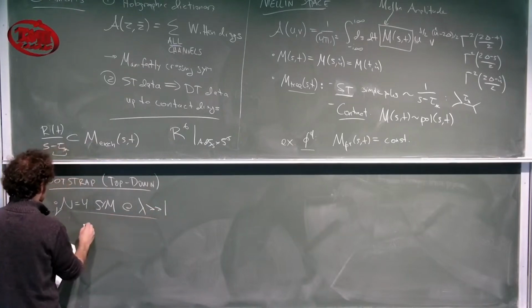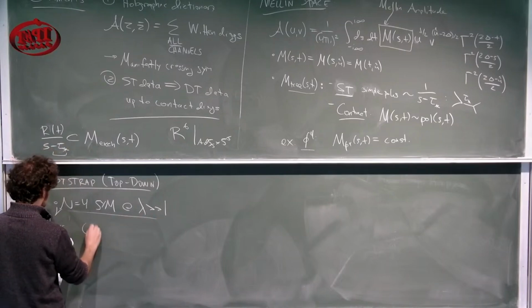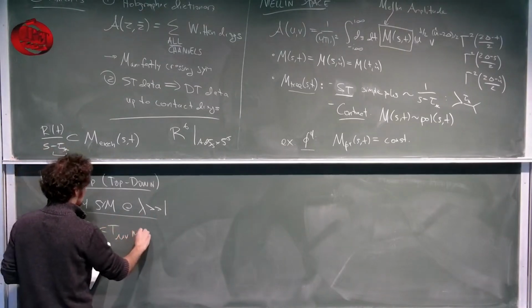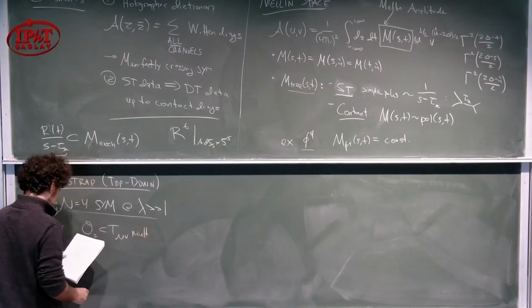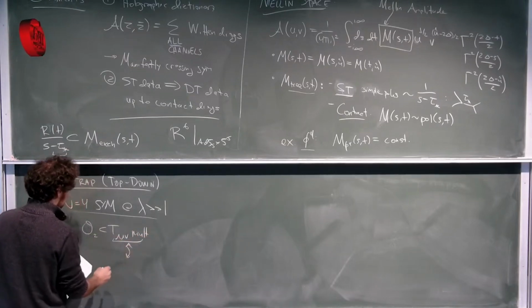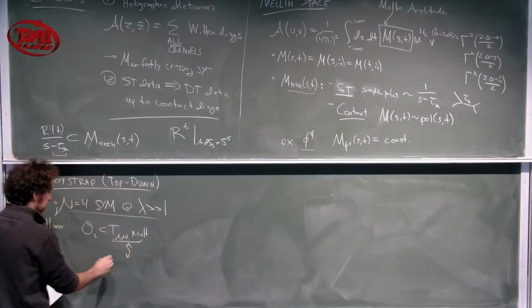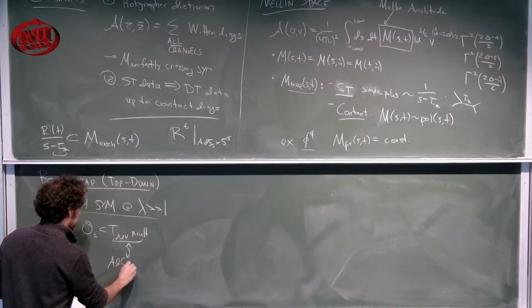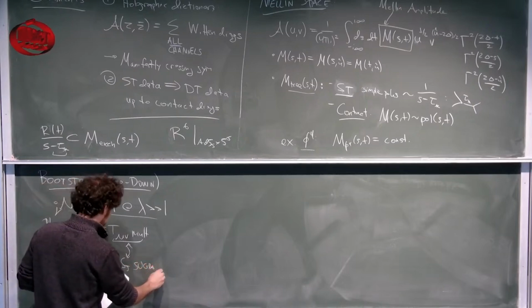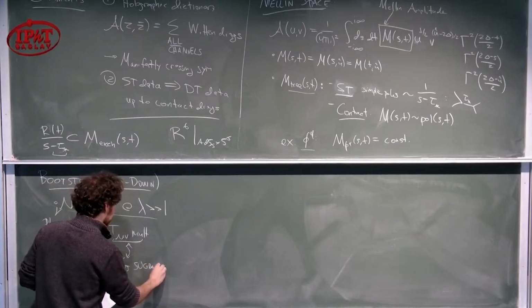And we recall that this primary O2, which is in the stress tensor supermultiplet, is dual to a scalar in the bulk, which is part of the AdS5 supergravity field content.